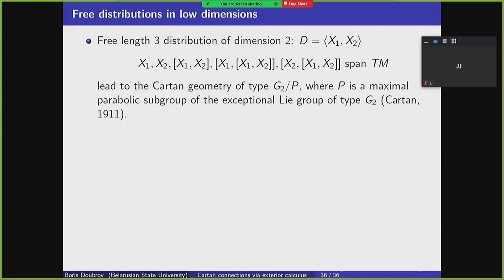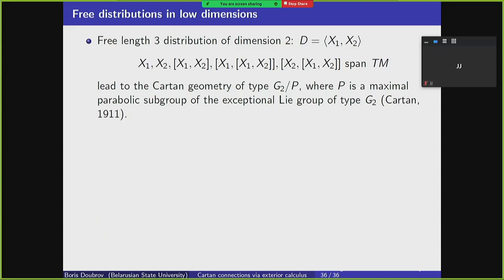So X1, X2, the bracket of X1, X2, and then one more bracket you may form. They lead actually to also a Cartan geometry where your group G is semi-simple or simple. G is in this case the 14-dimensional exceptional Lie group of type G2, split form.